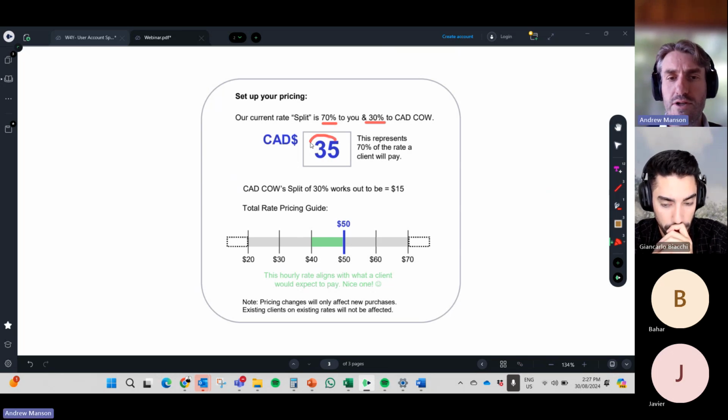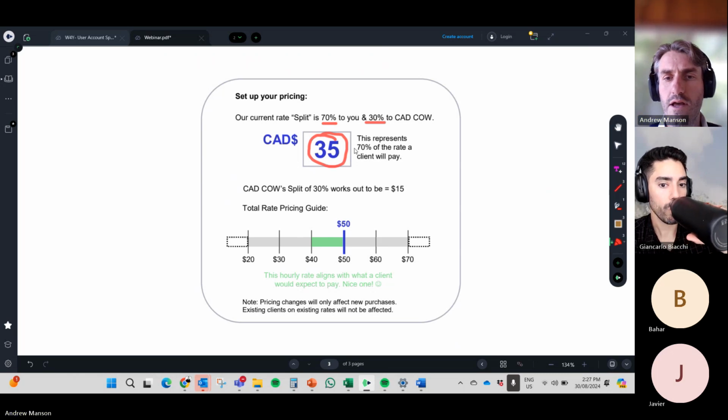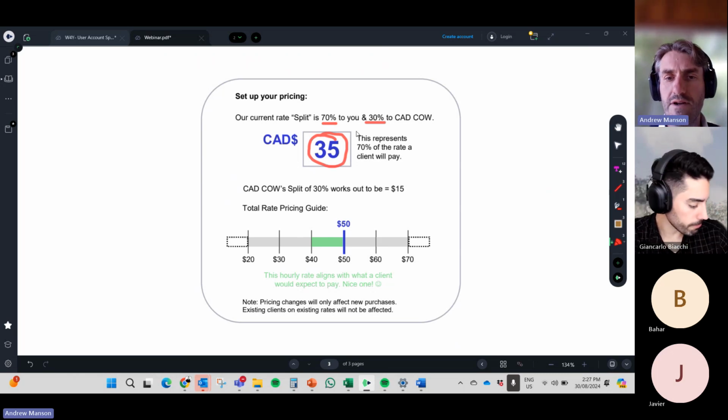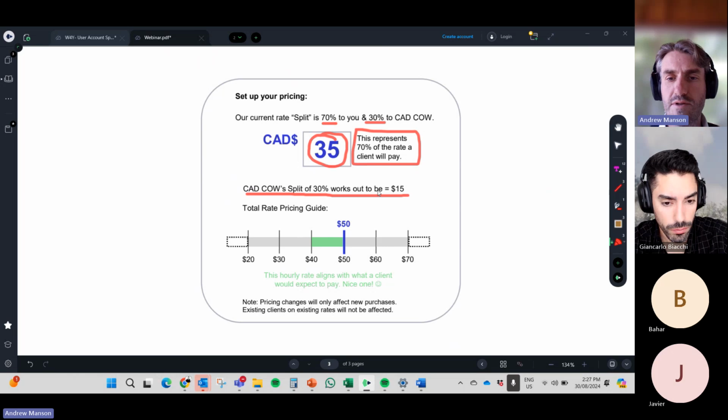You would be able to input your hourly rate, the hourly rate at which you would like to be earning, into this field here, and it would represent 70% of the rate the client will pay. Underneath, to continue the transparency, you'll be able to see what the split is for CADCOW. So CADCOW's 30% works out to be $15.